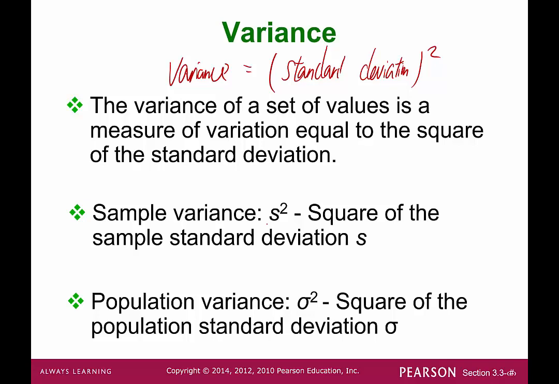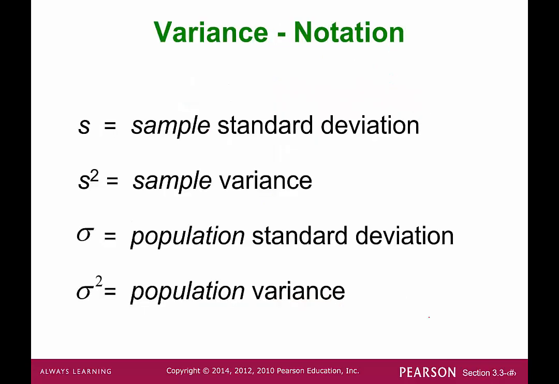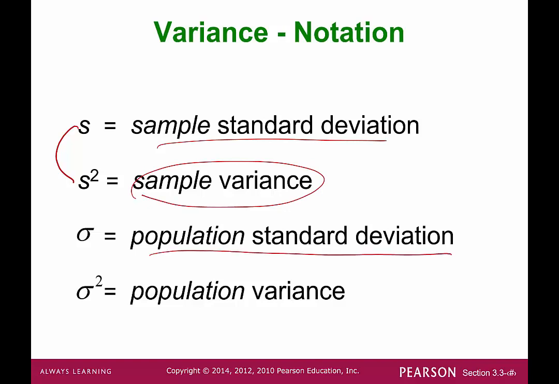For the sample variance, we use s squared, the square of the sample standard deviation s. Population variance is sigma squared. Again, we're using different symbols to represent sample and population. Sigma squared is the square of the population standard deviation sigma. So this is the relationship. Sample standard deviation, square that, you get sample variance. Population standard deviation sigma, square that, you get population variance.